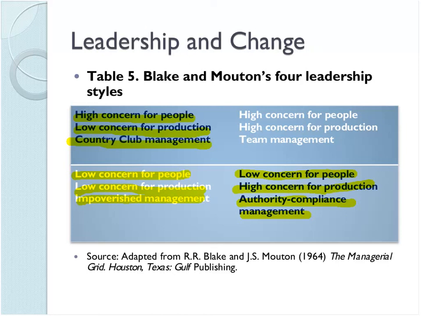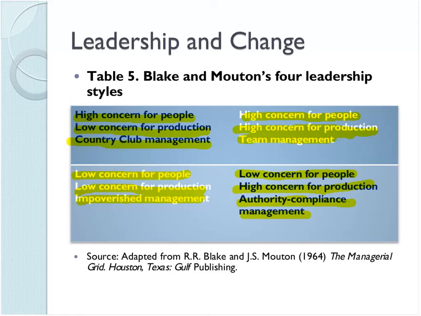And another one is the team management style. This is actually the best style in the organization. These are leaders with high concern about the people, about the employees, and high concern about production as well as about the business, about the organization's objectives.